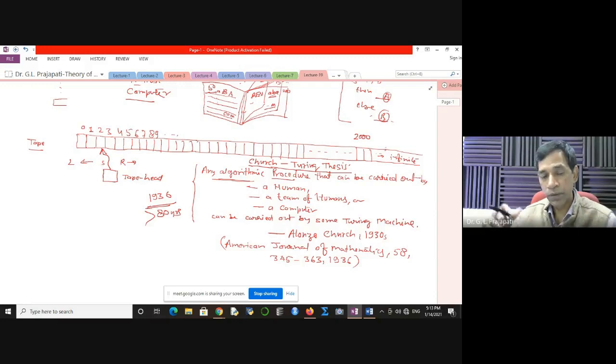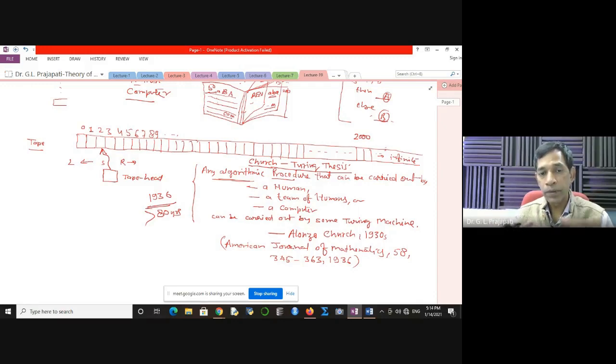Even though this statement is not proved mathematically, as the definition of an algorithmic procedure is not precise, there is no way to prove it mathematically.